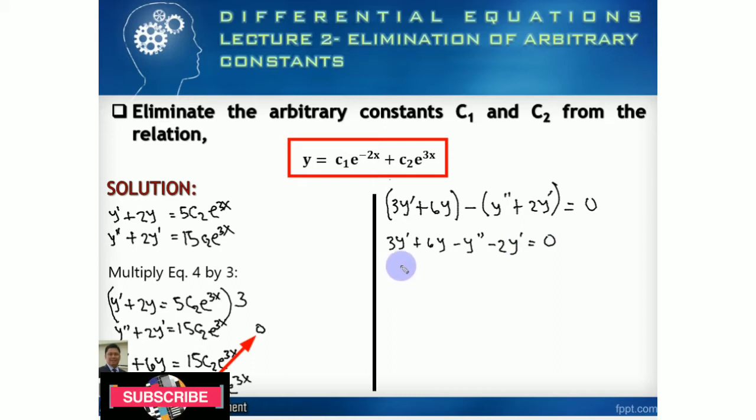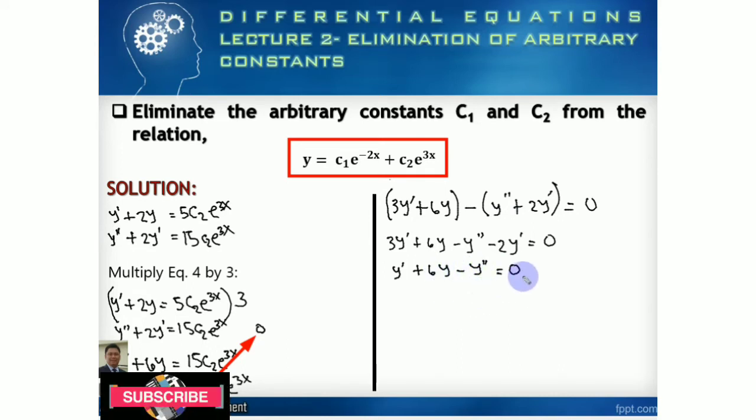So simplifying this one, we have here 3y prime and this negative 2y prime, so this would be equal now to 3 minus 2 is y prime. Okay, y prime plus 6y minus y double prime is equal now to 0. Okay, so making the sign of this second derivative positive, no?